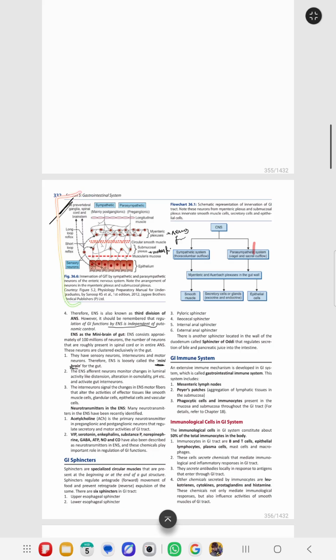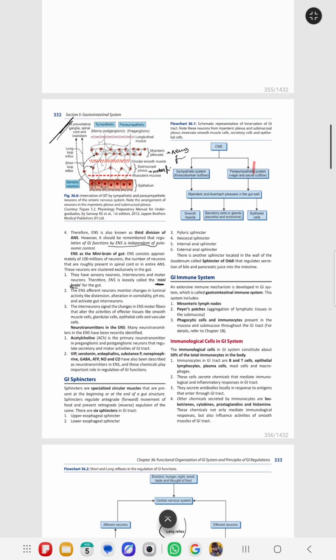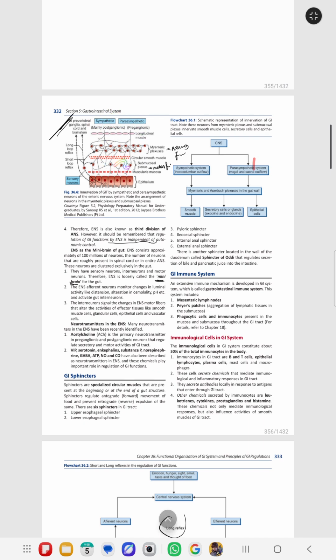So this is the idea. Sympathetic and parasympathetic fibers are mainly postganglionic, so these enter the myenteric plexus and submucosal plexus.